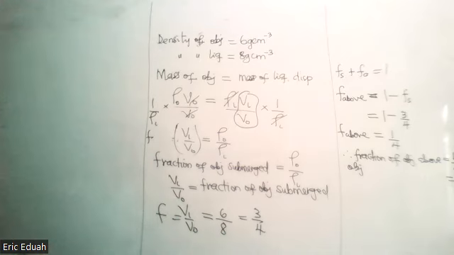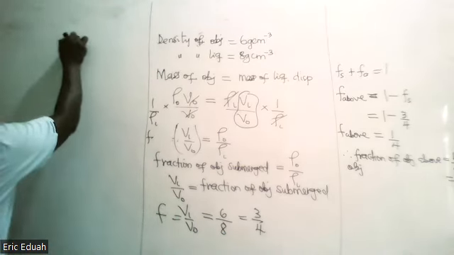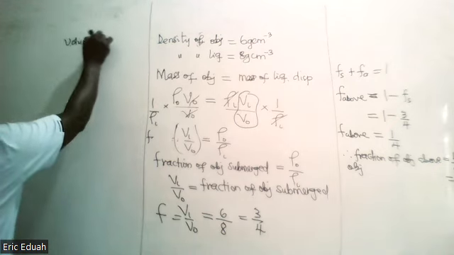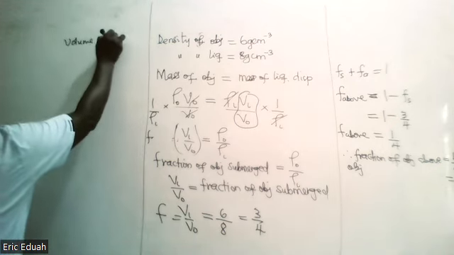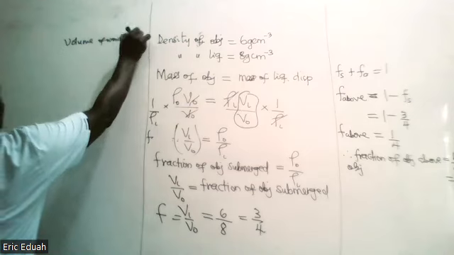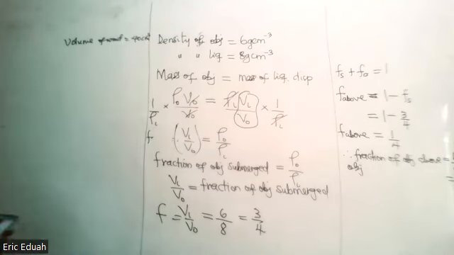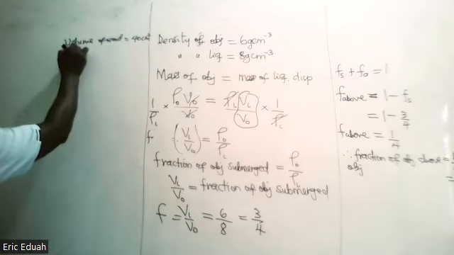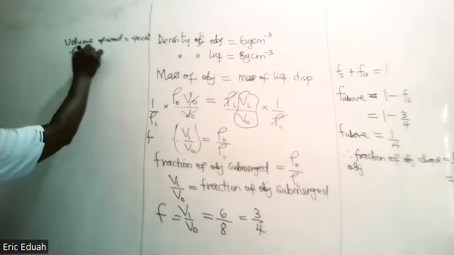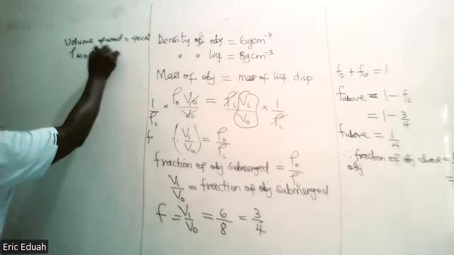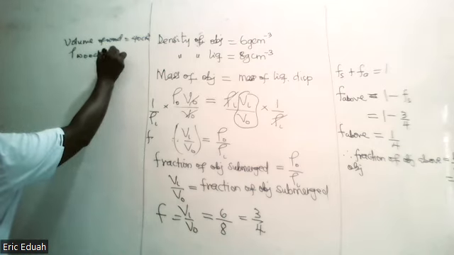A piece of wood of volume 40 centimeters cube. So volume of wood is 40 cm cube, and density 0.5 grams per cubic centimeter. Density of wood, 0.5 grams per cubic centimeter.